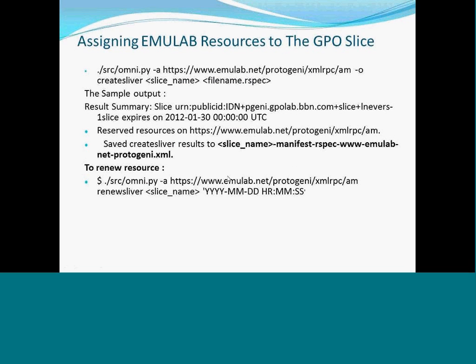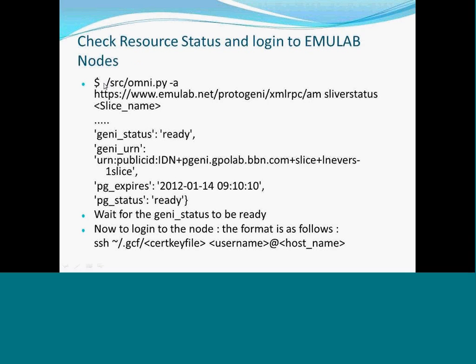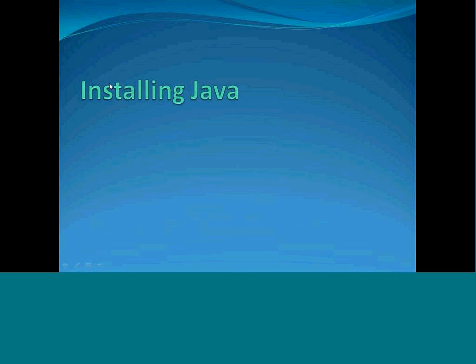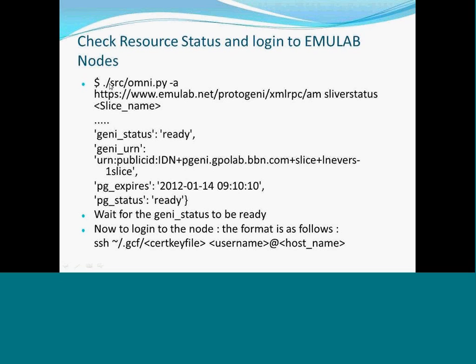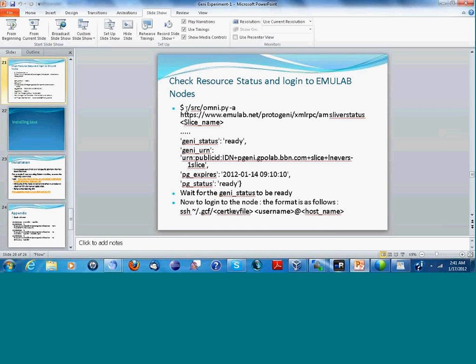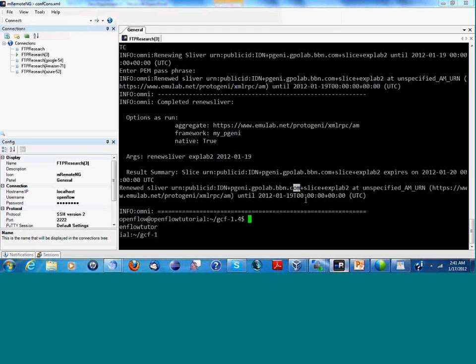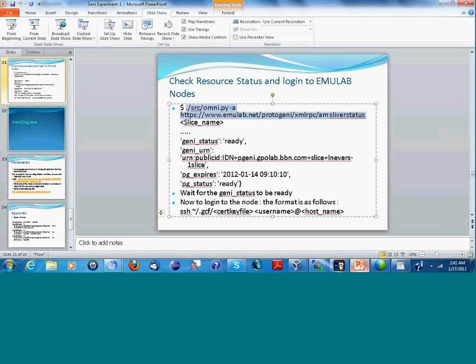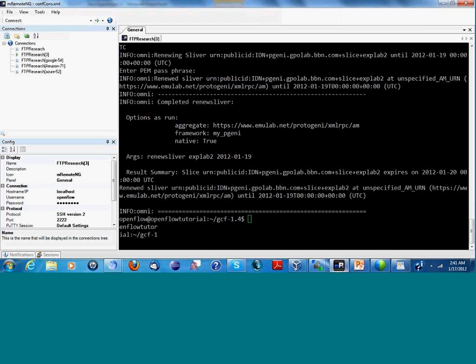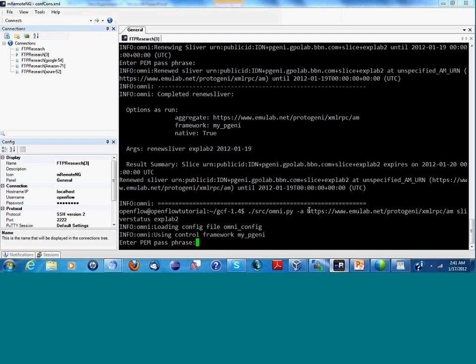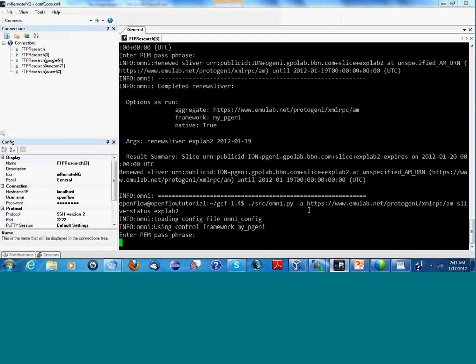Now, again, we need to check what is the status of our allocated device. To see the status of the allocated device, we need to issue the following command, followed by sliver status.